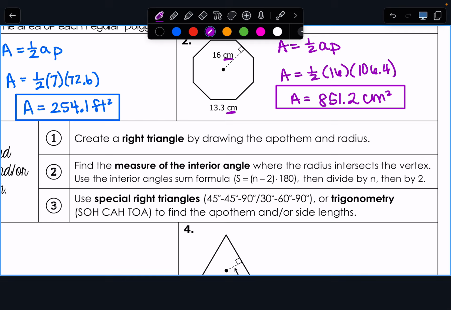Okay? Now, flash back to chapter 7. Remember that if we have a polygon, then the interior angle sum is n minus 2 times 180.